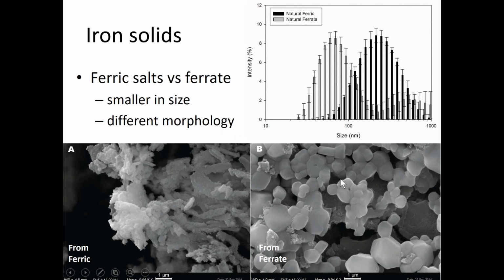This is an electron micrograph. With ferric coagulants, you get these larger open structures that are less crystalline. And if you look at the size fractionation, you see ferrate will give you smaller particles as compared to the ferric coagulant that we might add. Okay, so that is pretty much the background I wanted to give you.